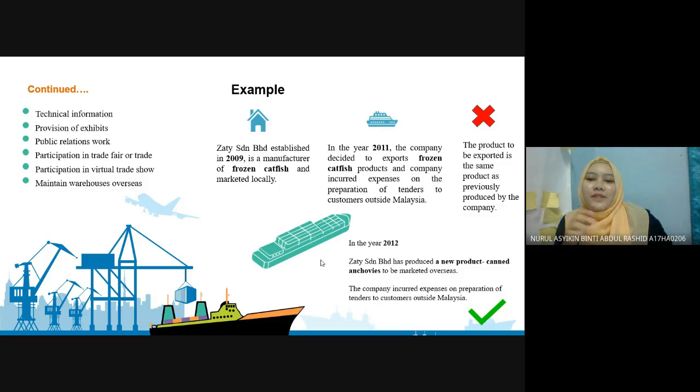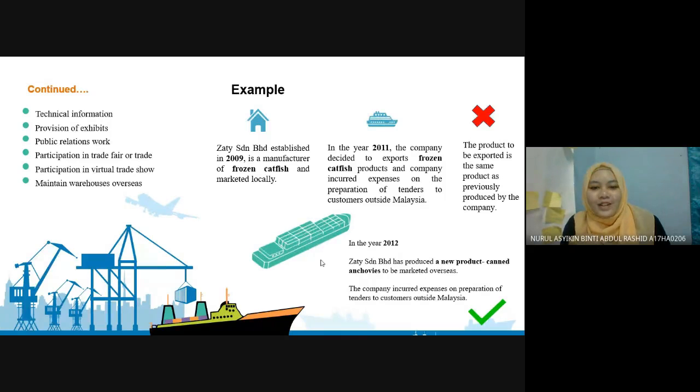These examples are given to show situations where a company gets further deductions. Zati Sendirian Berhad, established in 2009, is a manufacturer of frozen catfish and markets it locally.